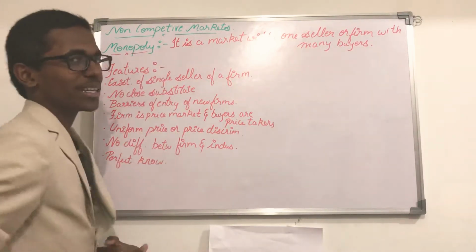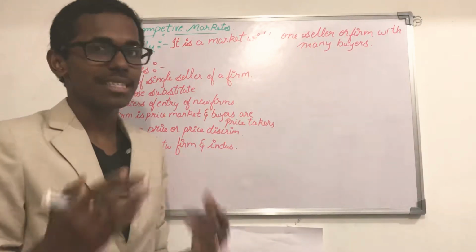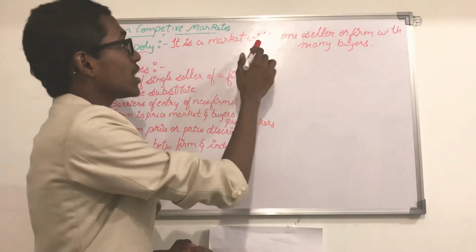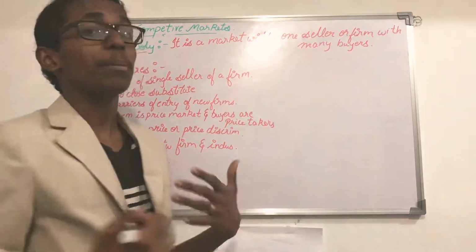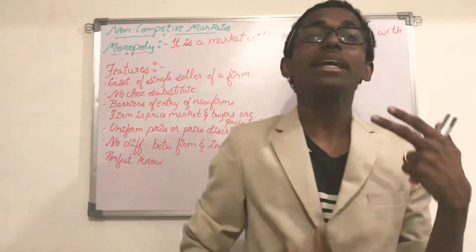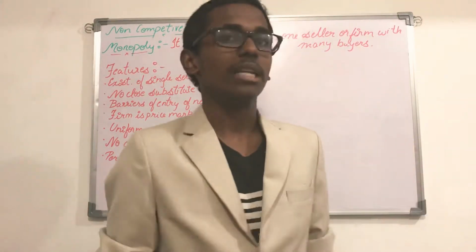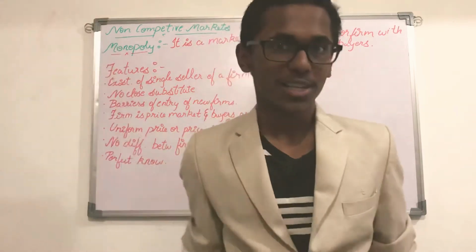What is monopoly? The word itself says that it is a single seller. It is a market with one seller or a firm with many buyers. So it's basically a market with one seller. Just imagine I am the only seller and there are many buyers over there.